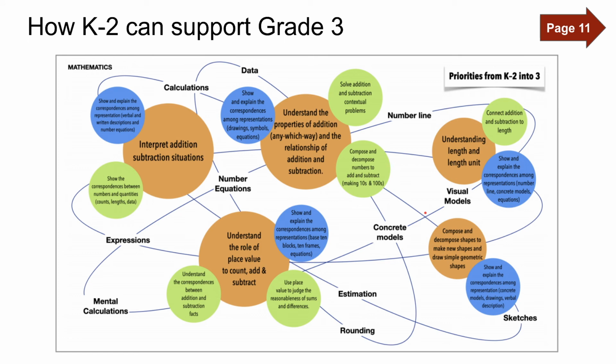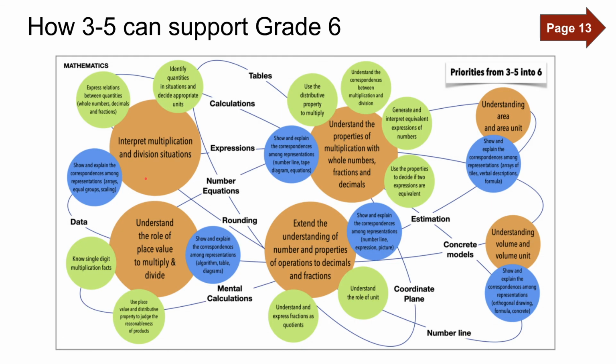In the Addressing Unfinished Learning document, the one from the Council of Great City Schools, it gives us these big bubbles. These orange bubbles are the things that K2 can focus on to support third grade. These blue and green bubbles are less of a priority.